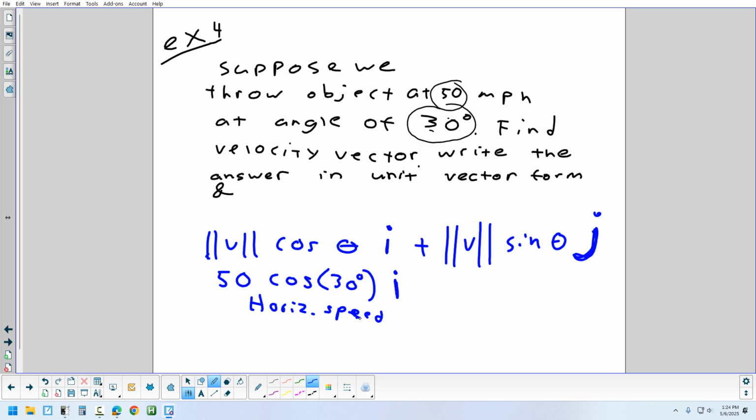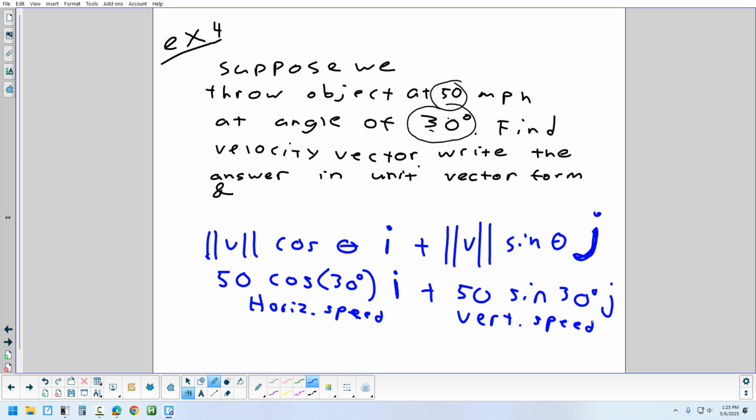It's not coming at you at 50 miles per hour, because they didn't throw it straight. They threw it up a little bit. So not all the energy is moving the object towards you. Some of it's going up in the air too. And now do the same thing for the vertical. 50 sine 30. So that's the vertical speed.